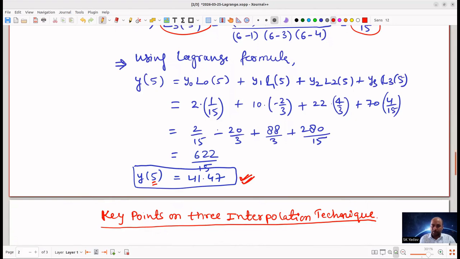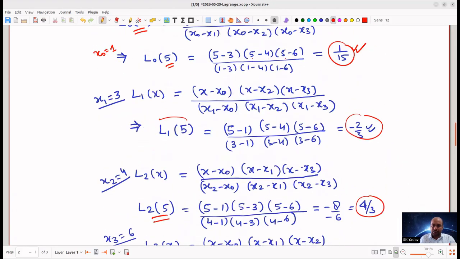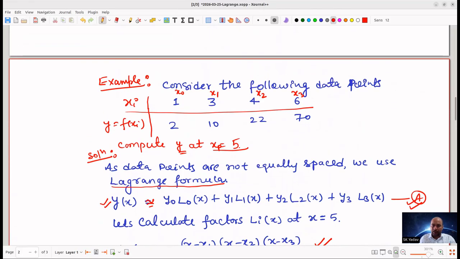Now you can verify also whether this approximation is correct or not at x equal to 5. So we can go from table and check out the previous and next values. So at x equal to 4, I have here 22. And at x equal to 6, I have here 70. So x is 5 is lying here. So we can initially guess the value at x equal to 5 should lie between 22 to 70.